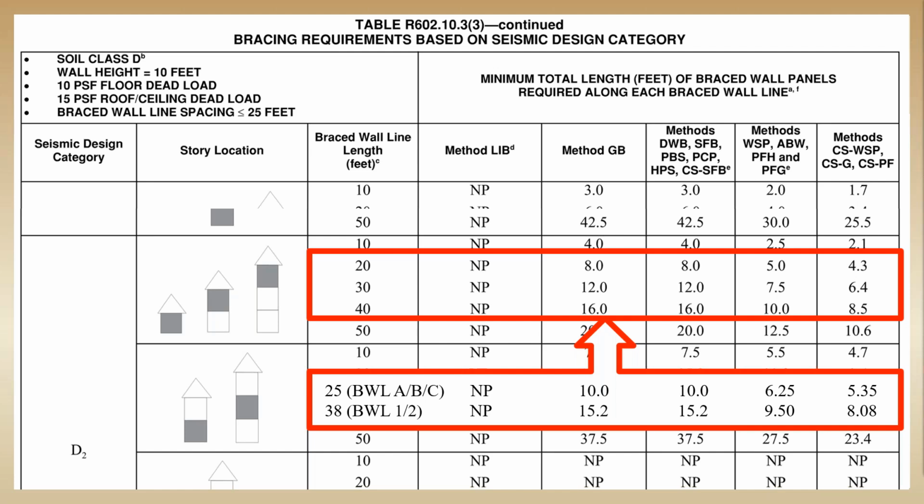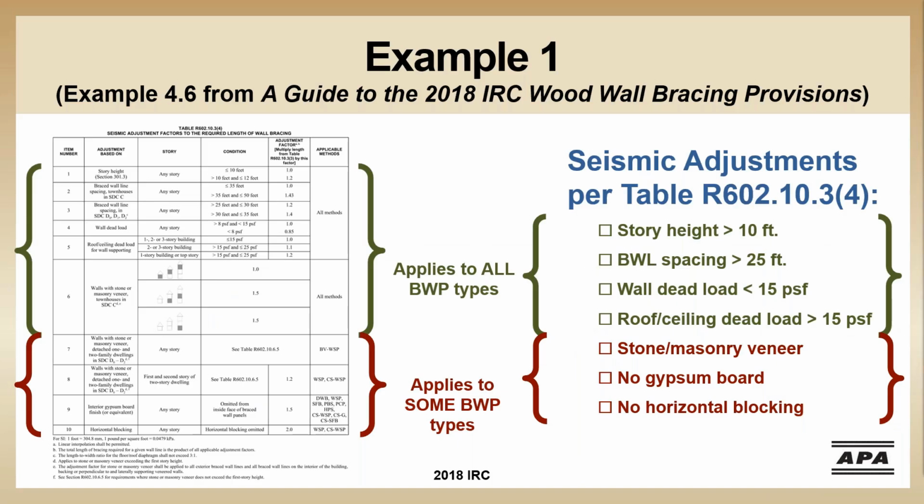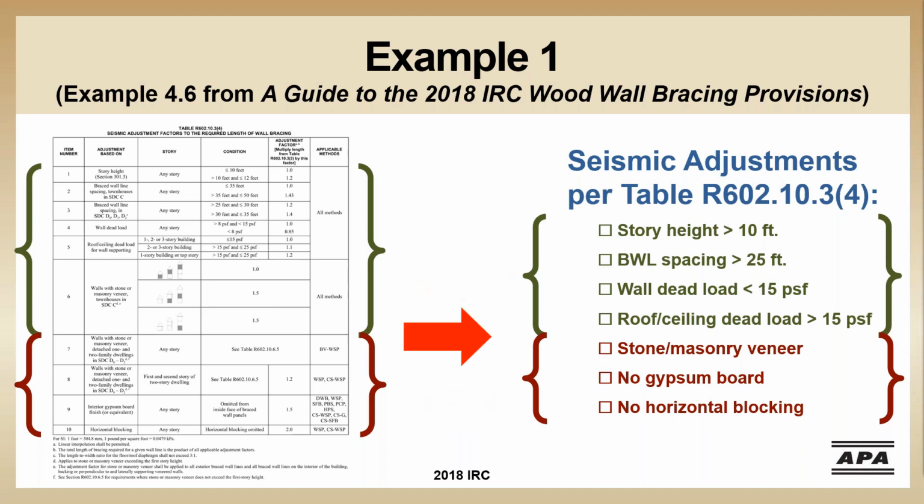And then just like with wind, we're going to need to check for adjustment factors. Seismic adjustments can be found on table R602.10.3(4). This is a list of the possible triggers for adjustment in seismic design categories D0 and higher. We're not going to trigger any of these with this project, so we're not going to adjust anything.